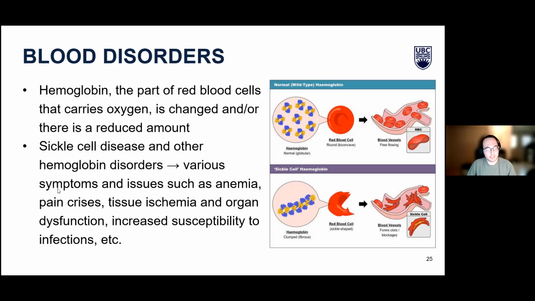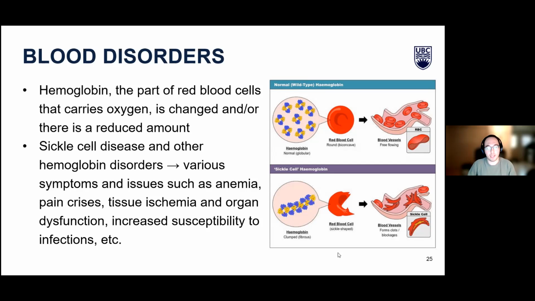The pain crises I mentioned here is related to the susceptibility of the blood clots. So essentially what can happen in people with sickle cell disease is they can have multiple blood clots throughout their body. And as you can imagine, that's extremely painful when you're blocking off blood vessels to different tissues and there's starting to be tissue ischemia.